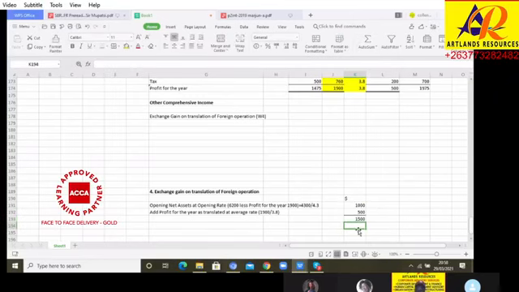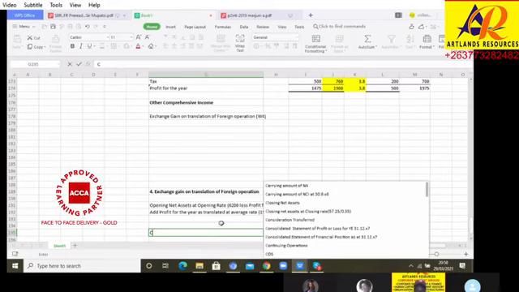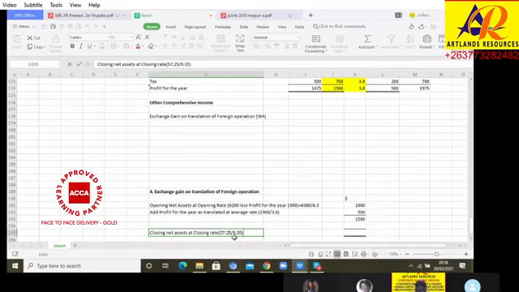But let us now calculate their closing balance. The closing balance of net assets is now closing net assets at closing rate. Closing net assets at closing rate, it's now 6,200. Your closing net assets is 6,200. Closing rate is 4. So you're now saying equals 6,200 over 4.